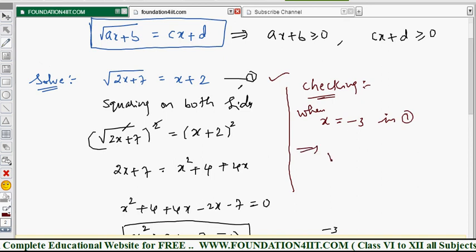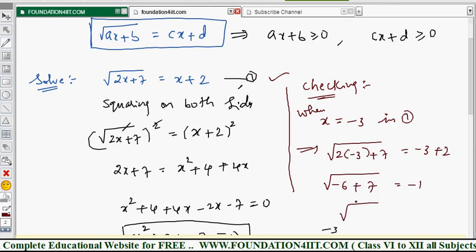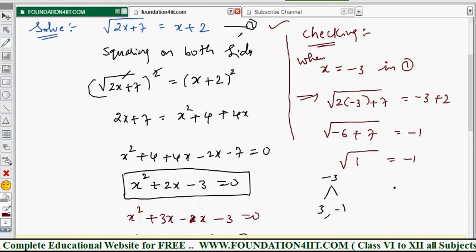Square root of 2x plus 7 is equal to x plus 2. So square root of 2 into minus 3, which is minus 6, plus 7, equals minus 3 plus 2, which is minus 1. Square root of minus 6 plus 7 is square root of 1, which is 1, against minus 1.